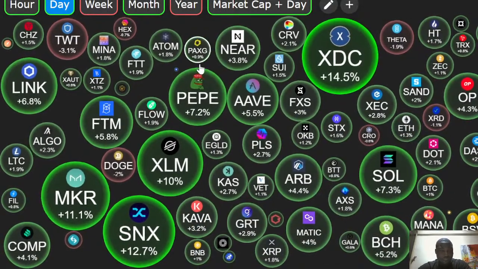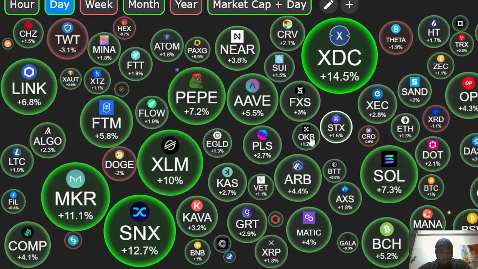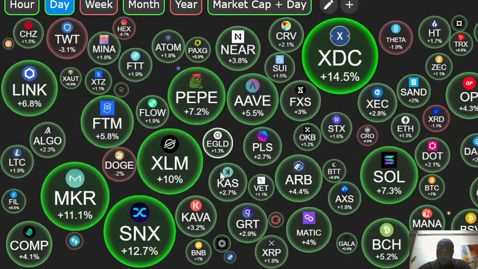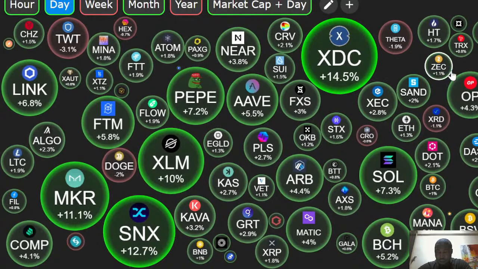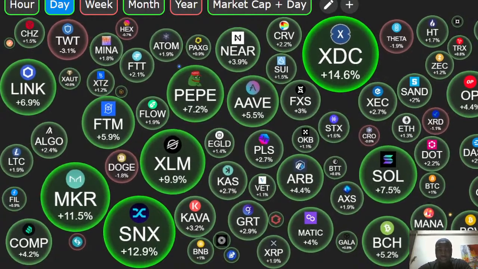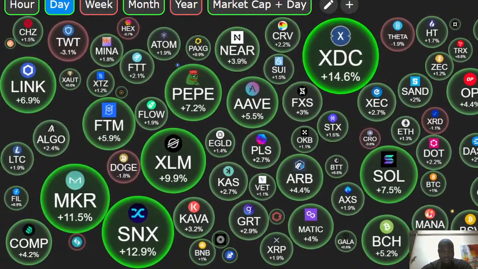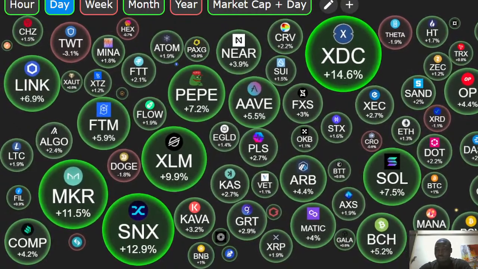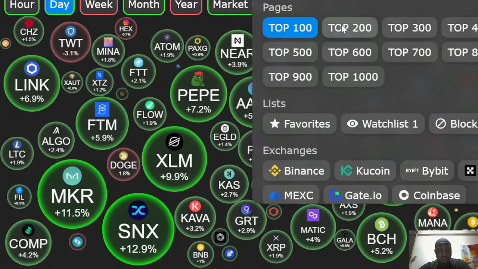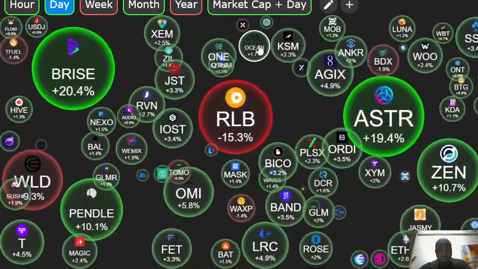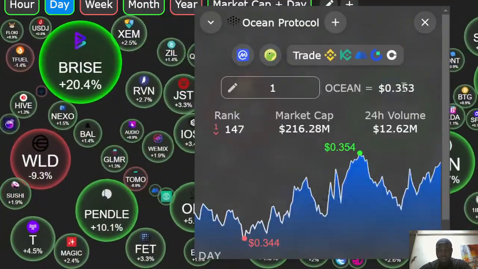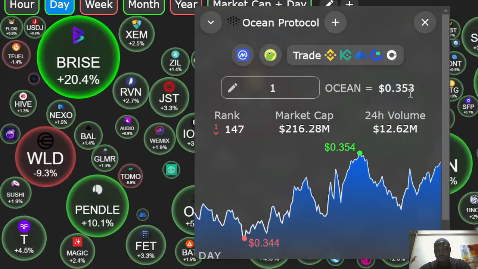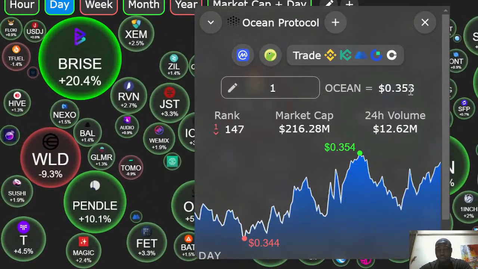Where is this one again? Because I actually bought Ocean. Where is Ocean? Ocean had a little bit of push, I think like 1% in the market yesterday, if I'm not mistaken. Let me check it. Okay, yeah, this is it. Ocean just went up a little bit to 3.5.